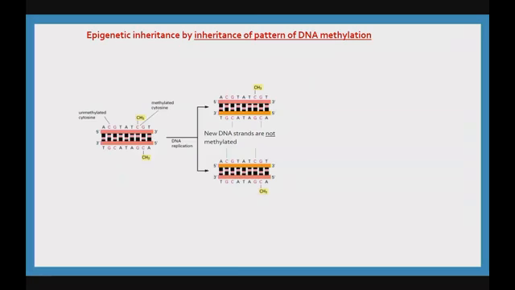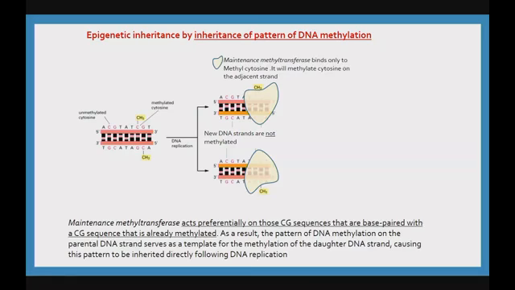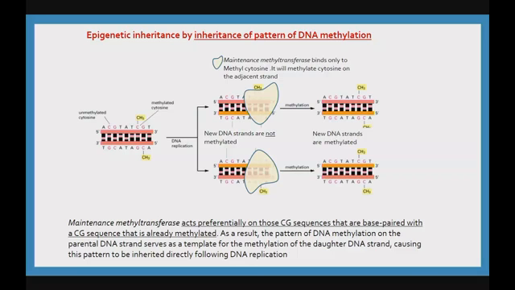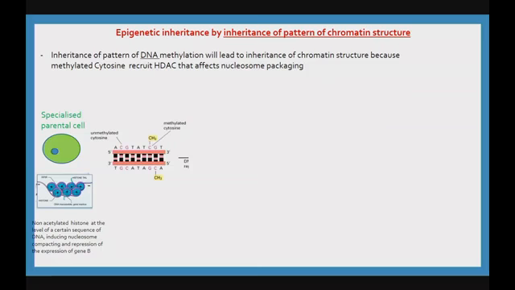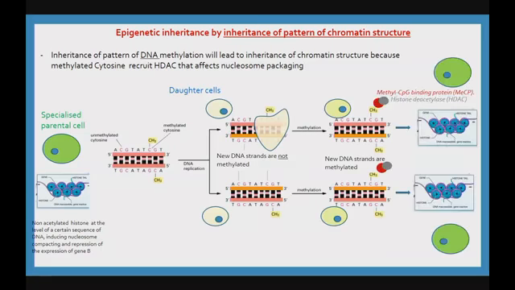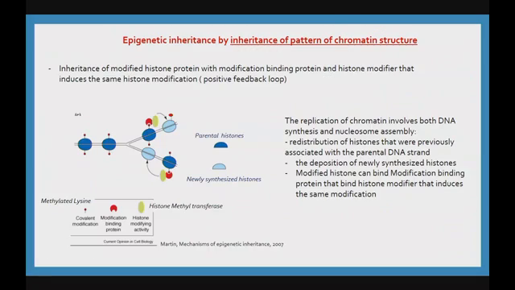You can have the transfer of the DNA methylation pattern, thanks to the maintenance methyltransferase protein. And once you have a certain pattern of DNA methylation, this will also affect the acetylation of the histone, because the methylated cytosine can recruit molecules that lead to deacetylation. All is linked.